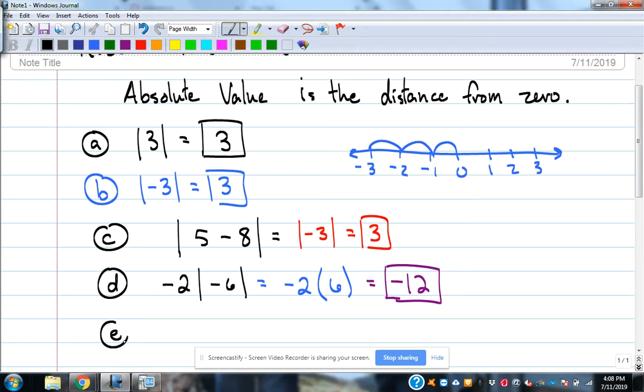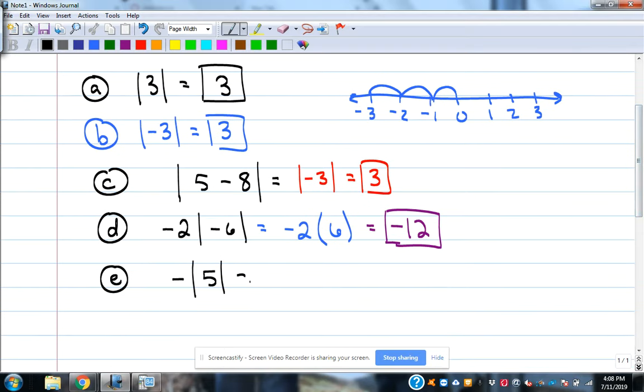One of the problems that can sometimes confuse folks is when they just throw this at you. They'll put a little negative sign out there in the front, and then they'll put a number in there, like the absolute value of 5, but with a negative sign in the front. And a lot of times we get confused about that because we think, okay, it's absolute value in the problem, so we know the answer should be positive. Well, it is for the absolute value of 5.